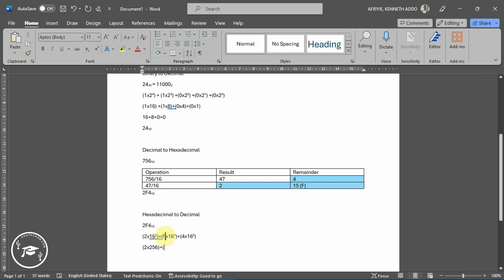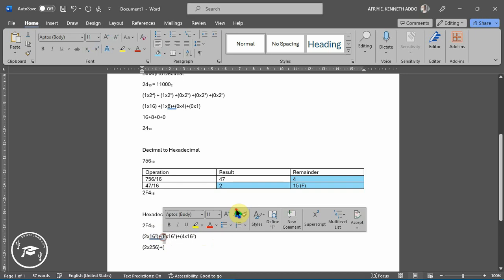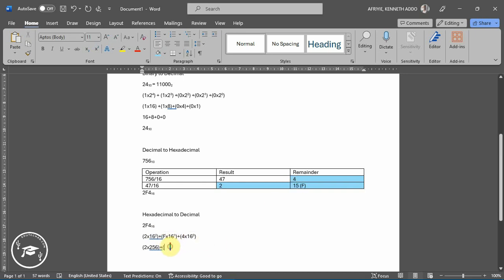so here we can now convert our F into a number, which is what, 15. So we get 15 times 16 plus 4 times 1. Great, because any number exponent 0 is 1.